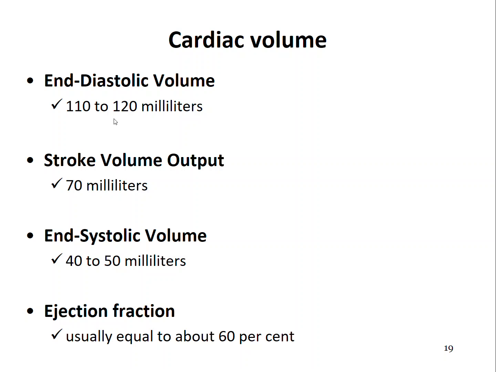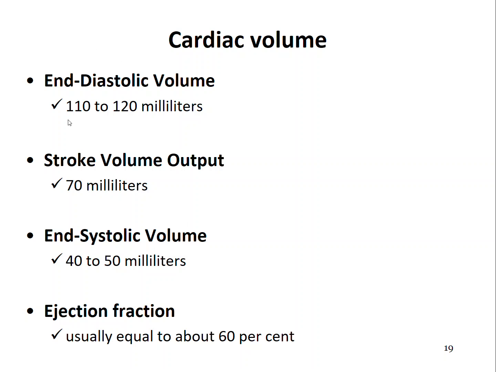It's about 120 milliliters. During the cardiac contraction, or systole, about 70 milliliters of this blood will be pumped out of the ventricle. So we have about 40 milliliters remaining in the ventricle, which we call the end systolic volume.